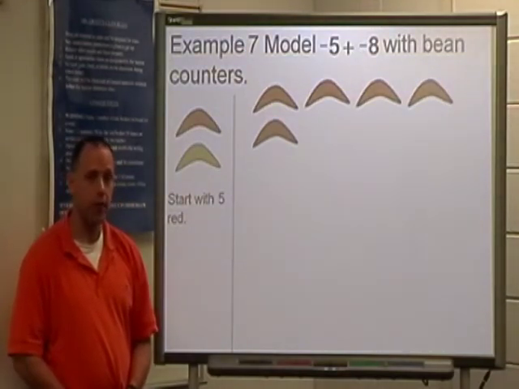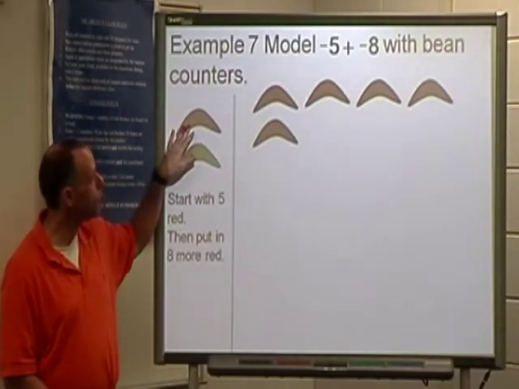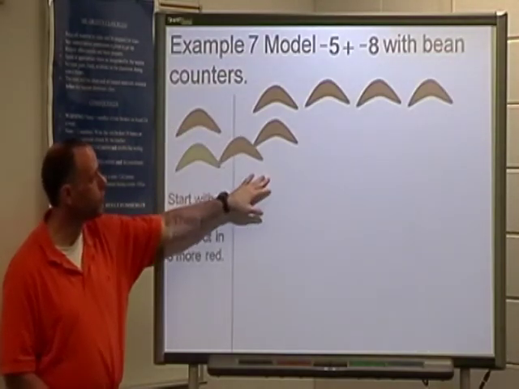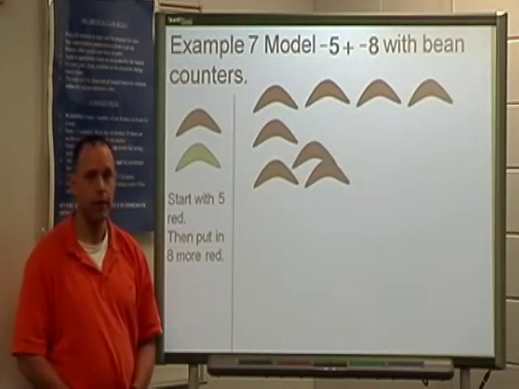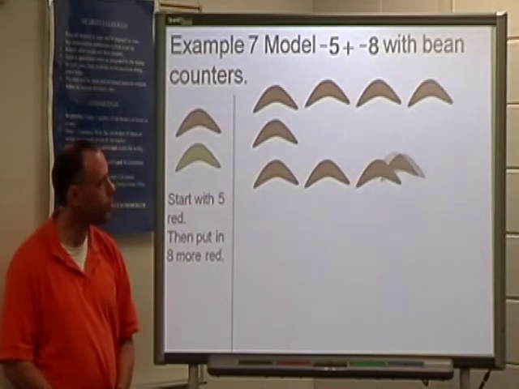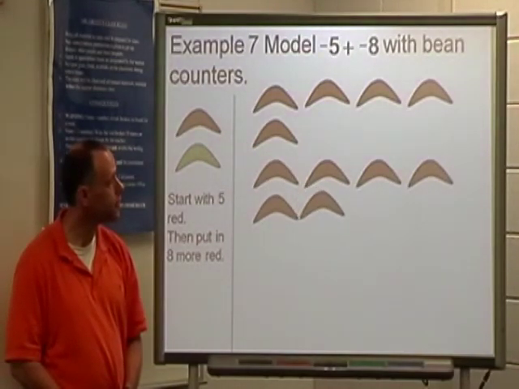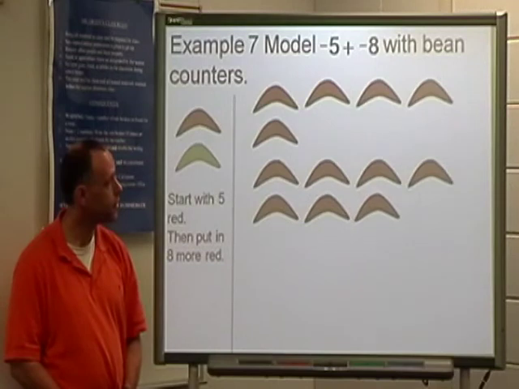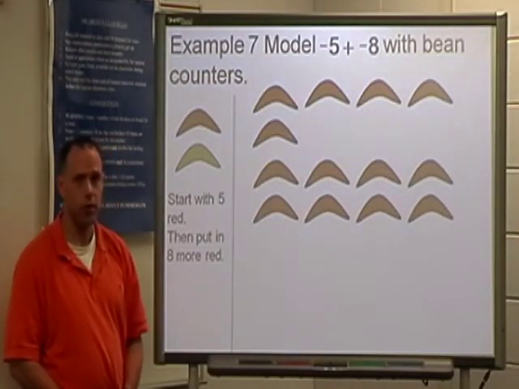And I'm going to add to that negative 8, so I'm going to slide 8 more red counters into my workspace. 1, 2, 3, 4, 5, 6, 7, and 8. That's a lot of counters up there on the workspace.